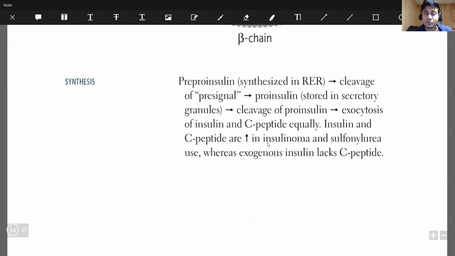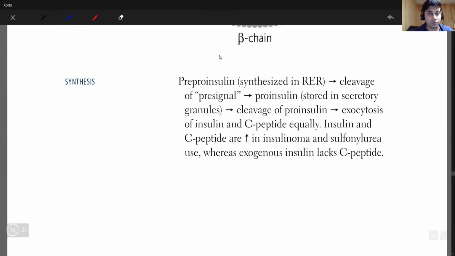Then from this mRNA, we'll get the translation procedure and we'll get this protein, the insulin. Now, when this insulin is produced with the help of some ribosome, and we know that insulin is a secretory protein, basically the secretory proteins are generated in the ribosome.